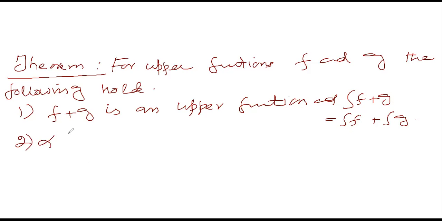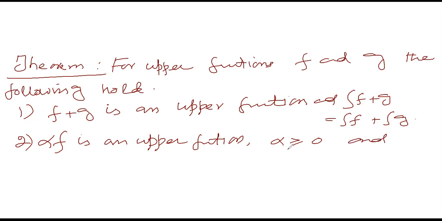Alpha f is an upper function where alpha is greater than or equal to zero. A negative number times an upper function need not be an upper function, but a positive number times an upper function is again an upper function. And the integral of alpha f is equal to alpha times the integral of f.